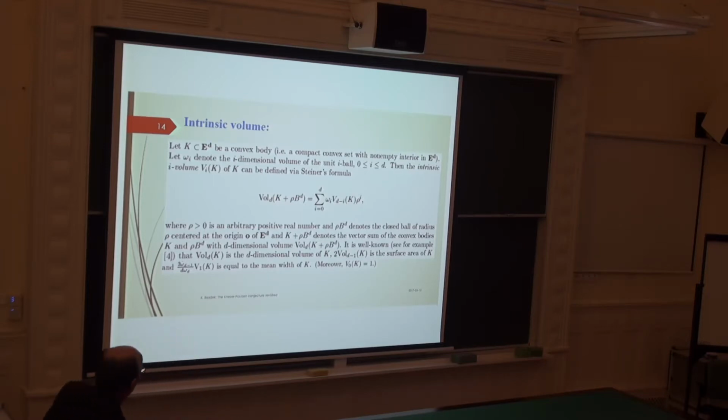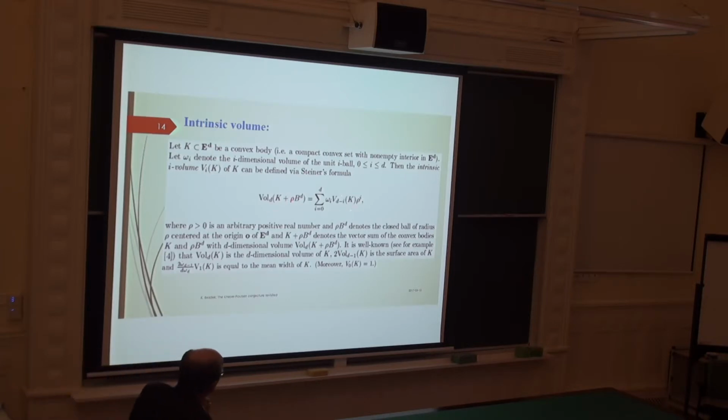If we use the Steiner formula, we can conveniently introduce these coefficients for this polynomial in the radius of the outer parallel domain. These are called intrinsic volumes. The D minus first intrinsic volume, up to a constant, is the surface area, and so forth. The first intrinsic volume is just the mean width.